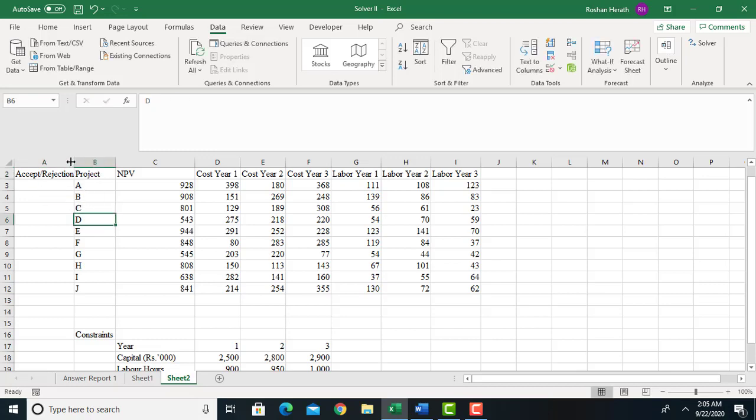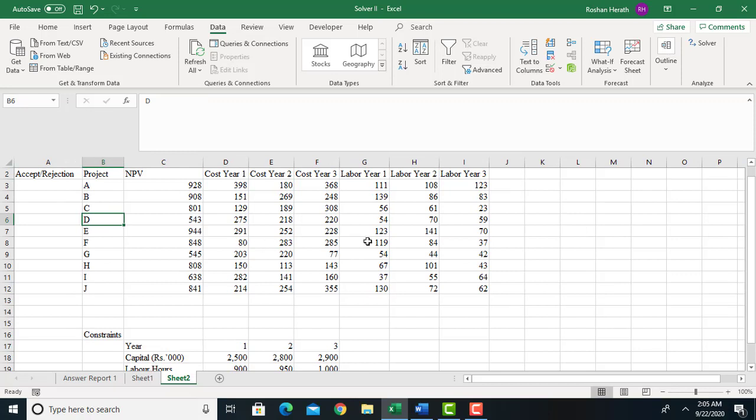I might use ones and zeros to indicate the acceptance and the rejection of the project. Let's say that, since you can accept 4 projects, I might assume that project A is accepted.